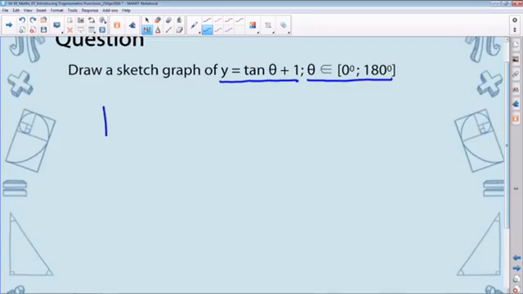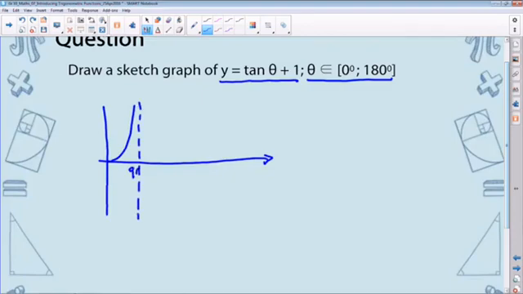Now I know already that my normal tan function is going to start at 0 and go up and up and up, and the asymptote is going to be at 90. And then it's going to be at 180 and in the middle over there. But that would be if it was just y equals tan of theta.